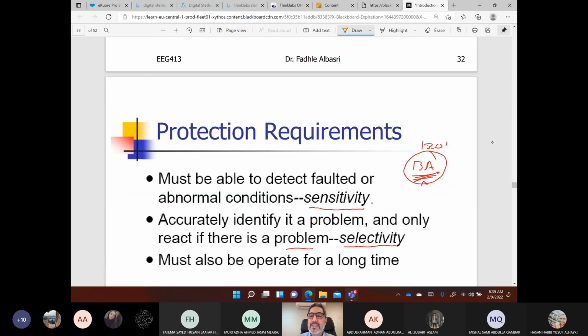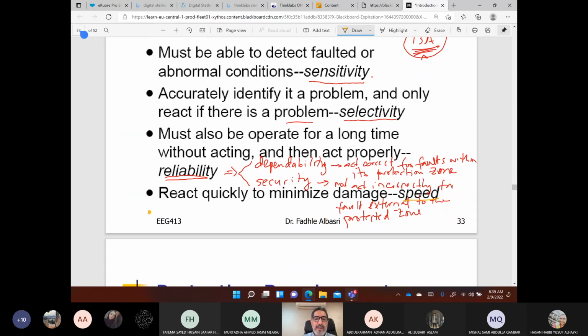So the cost should be justified. As engineers, we want to do something good, but at a proportional cost. So here it should be economical. I should always choose the protection function just good enough to provide the protection required for that equipment at a reasonable price.